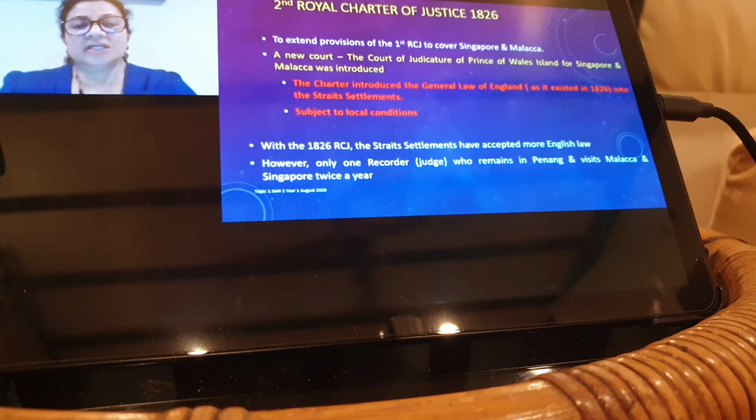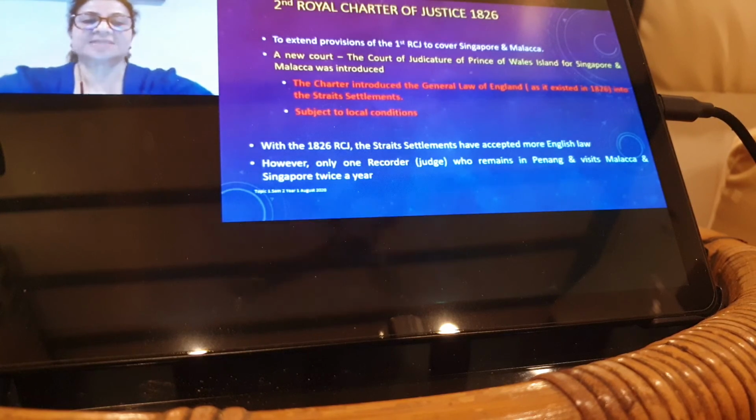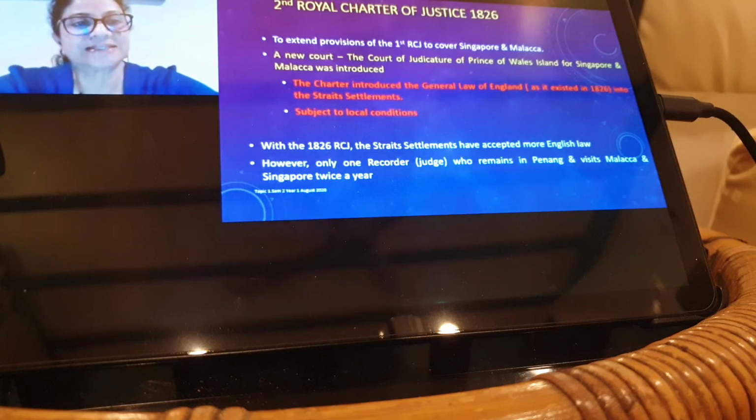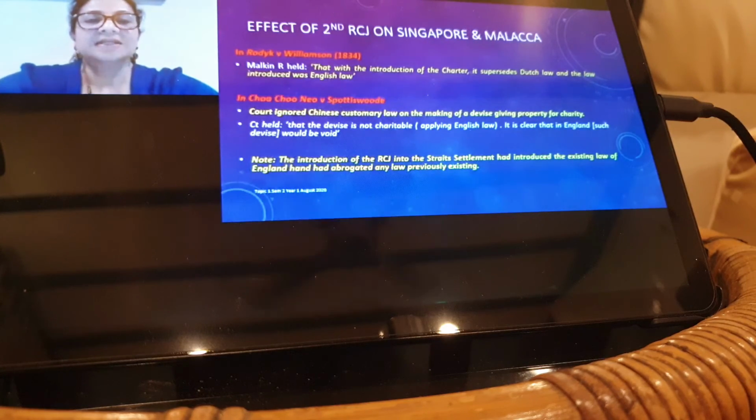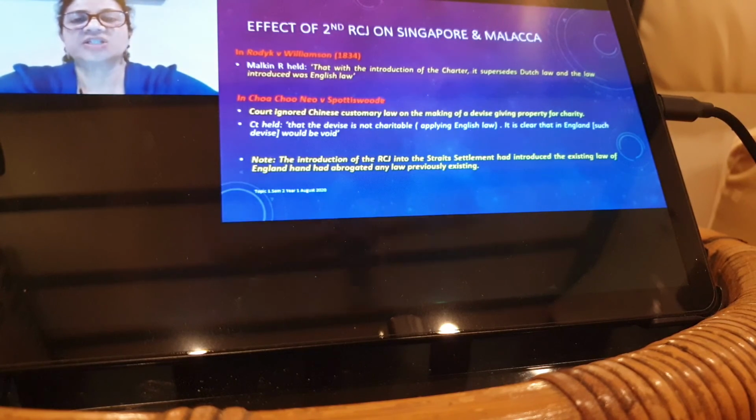So there was only one recorder who remained in Penang and visited Malacca and Singapore twice a year to resolve any issues, any disputes between the various people, the community. So the effect of the second Royal Charter of Justice on Singapore and Malacca, as stated by Malkin, R being recorder, is that with the introduction of the charter, it superseded Dutch law, and the law introduced was English law.